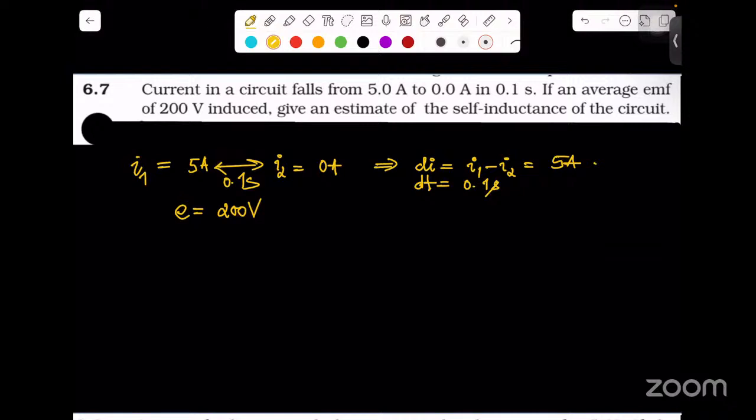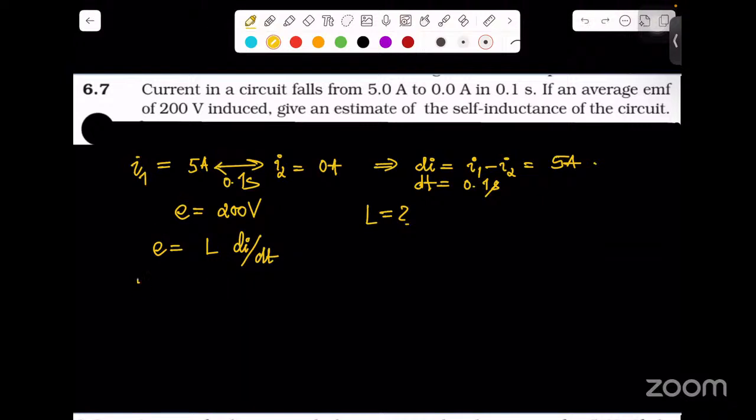Now, for the self-inductance, if I consider it as L, which is being asked in the question, the EMF induced, we know, is given by the formula L di upon dt, right? L di upon dt.